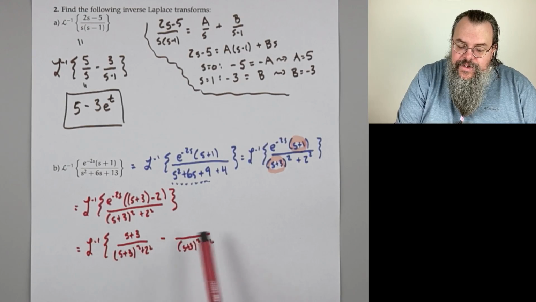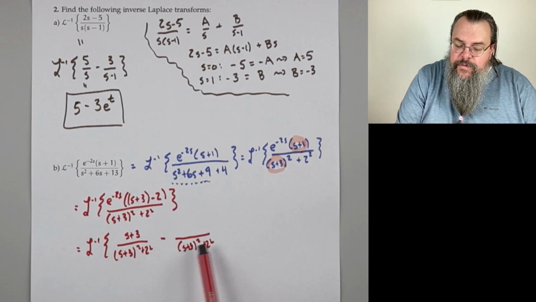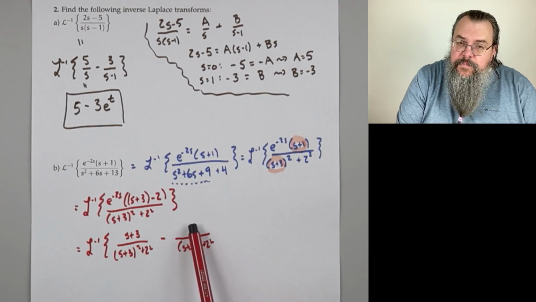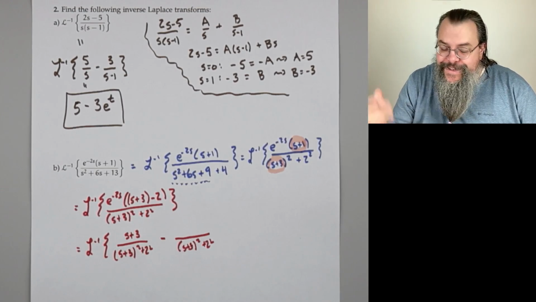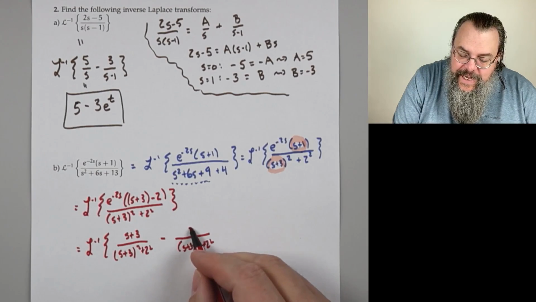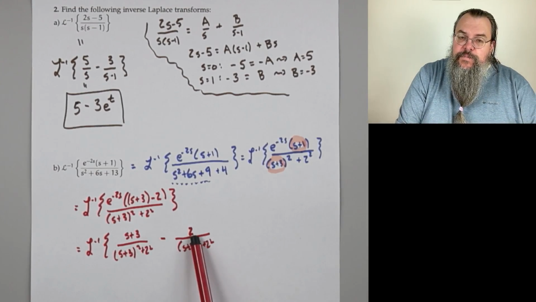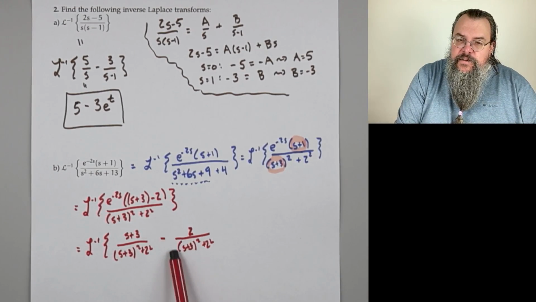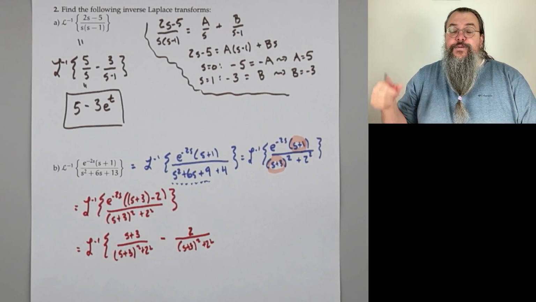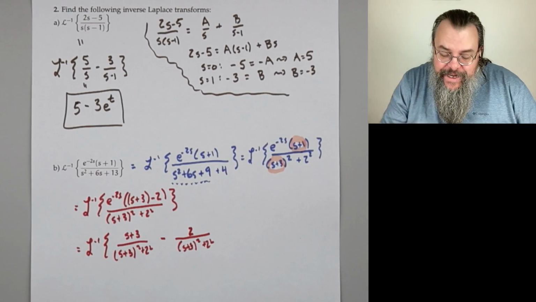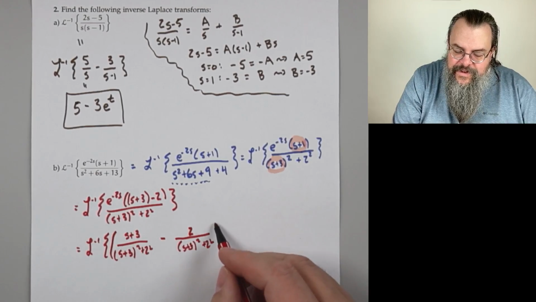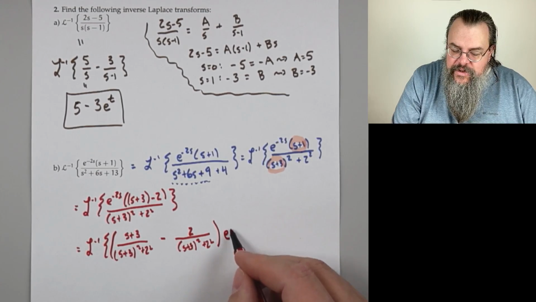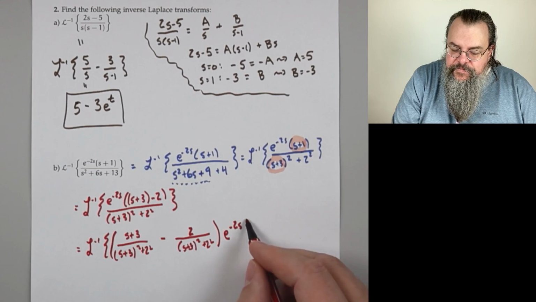And this is number over s squared plus 2 squared. I want the number up here to match this 2. Well, I'm in luck. It is a 2. If it hadn't been a 2, I would put a 2 up here, then I would have compensated in front. And at this point, you're saying, ooh, Steve, you forgot to write something down. Well, I haven't closed it yet. And all of this is times e to the negative 2s.